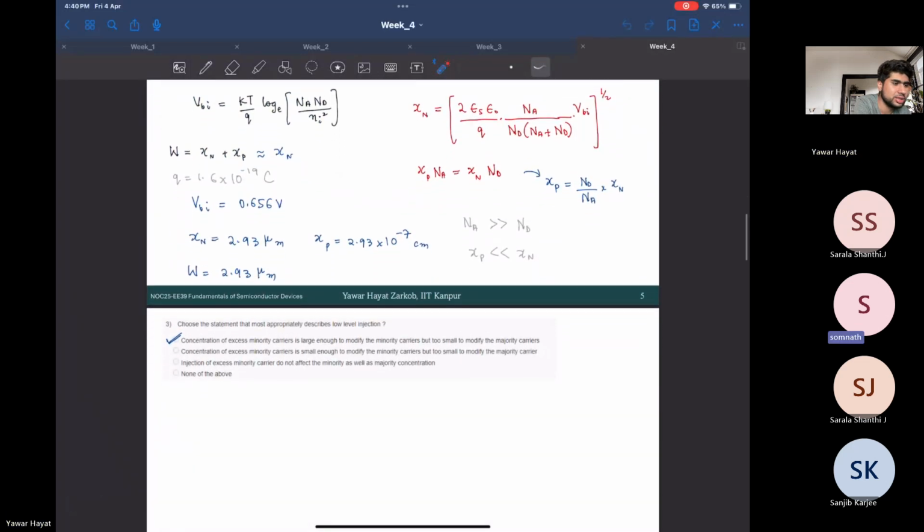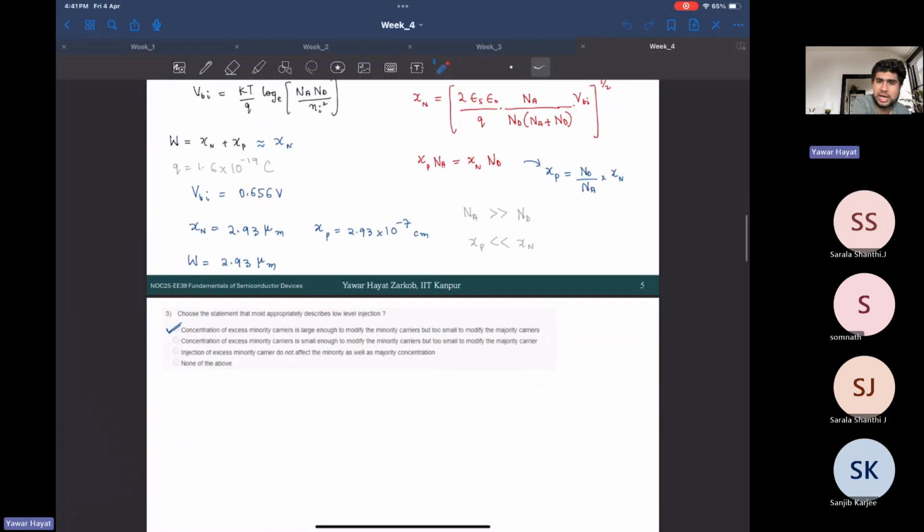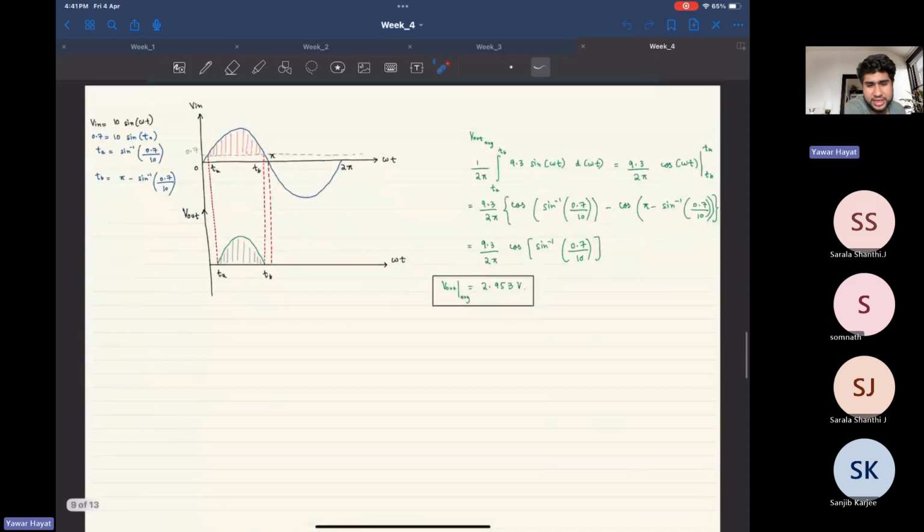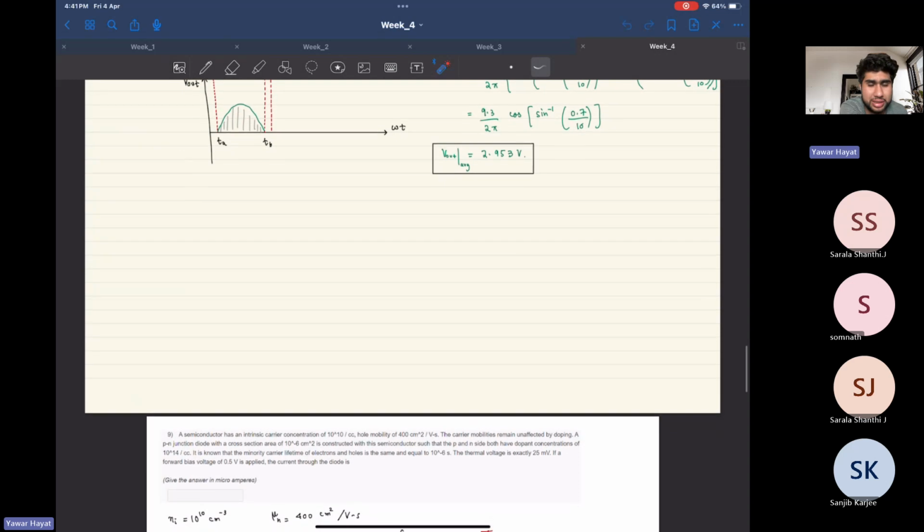Yes, I'll have a short session on this low level injection. I'll teach you in detail if it's needed. The reason why I skipped this is because I would have to discuss low level injection in detail for this one. I'll do that from next time onwards. I'll start from this and then see in next session.